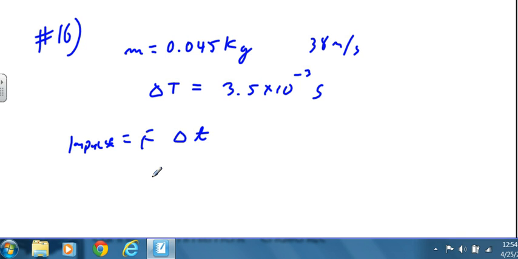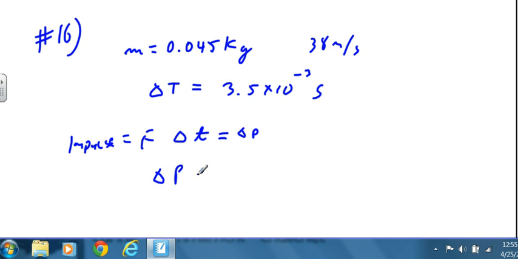So we'll move back to impulse: force times change in time, but it's really change in momentum.